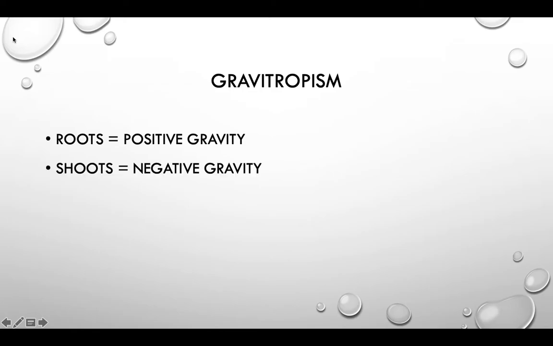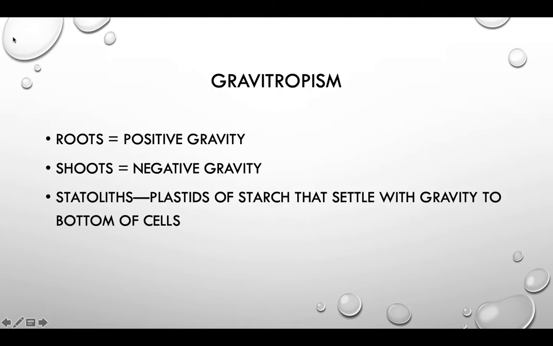On the other side of that, shoots exhibit negative gravitropism, so they want to grow away from the core of Earth. And they do that with statoliths, which basically involve starch plastids that settle to the bottom of cells to induce a plant's ability to recognize gravity.